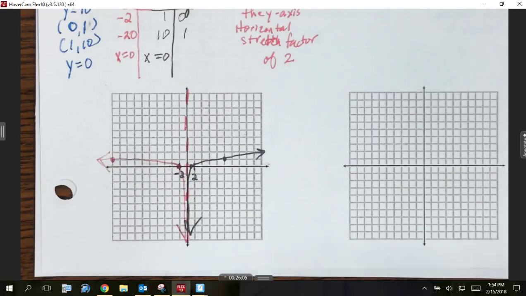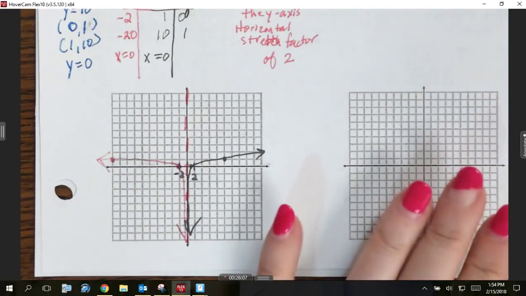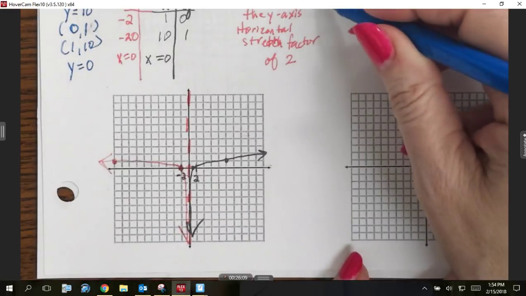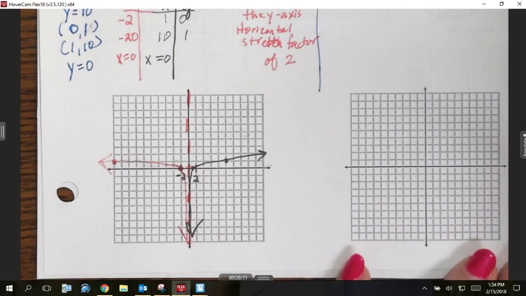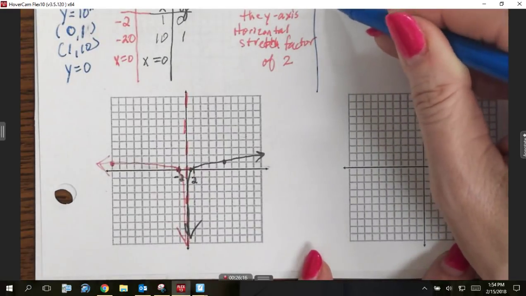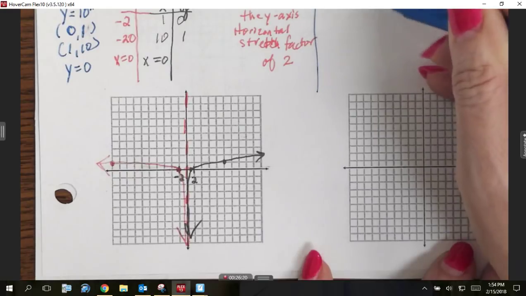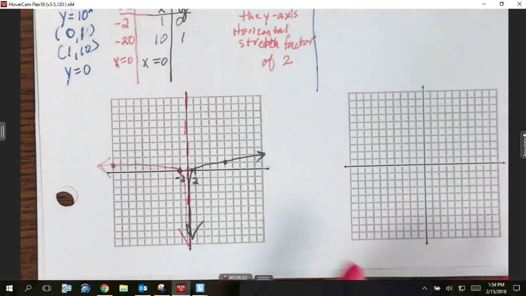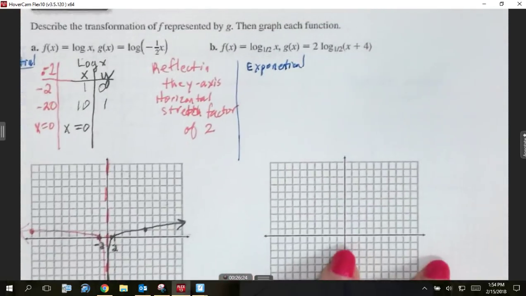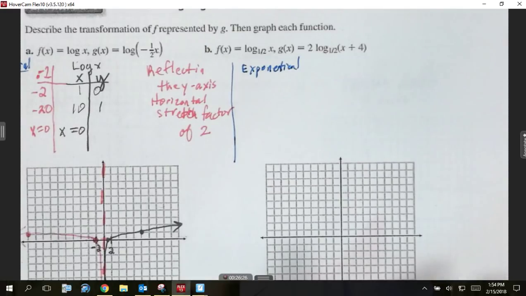Okay, part B. Same kind of question. We notice it's logarithmic. If it's logarithmic, you have to do the exponential first. So exponential. What is the exponent?